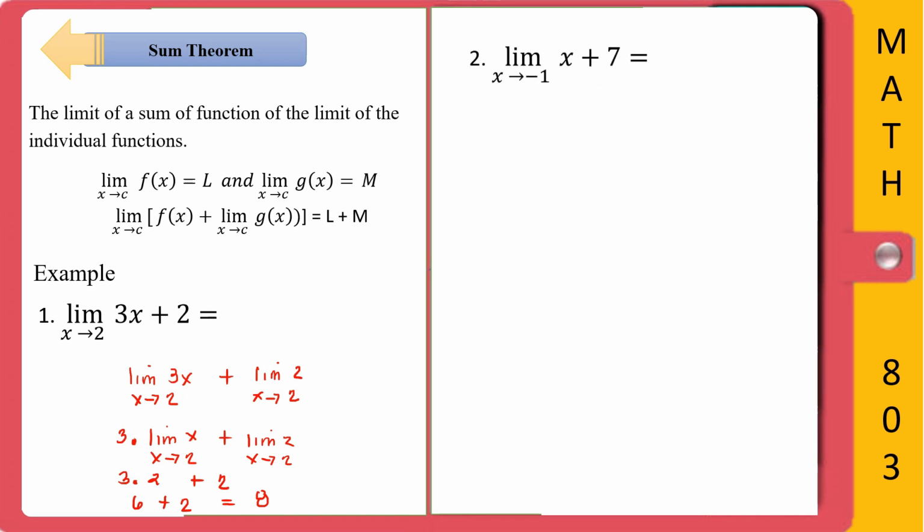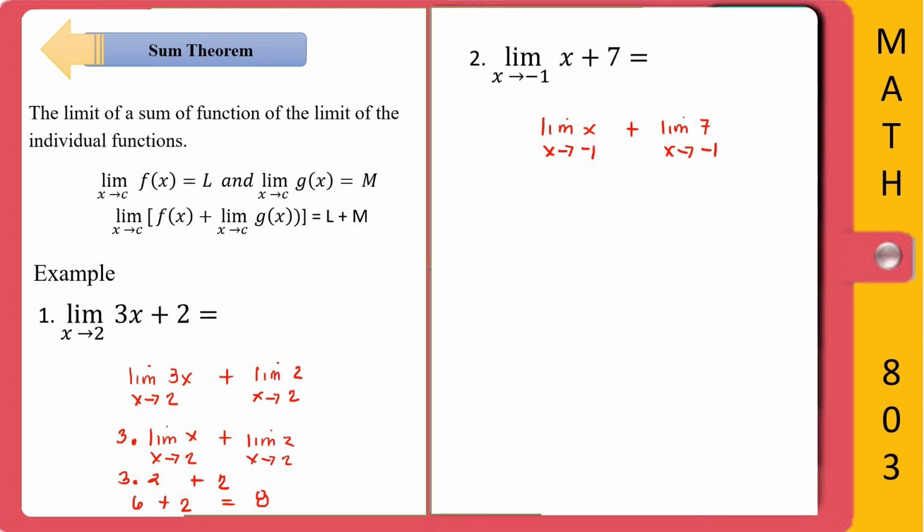Another example, we have the limit of x plus 7 as x approaches negative 1. Again, we need to distribute the limit as x approaches negative 1 to each term. So we have the limit of x as x approaches negative 1 plus the limit of 7 as x approaches negative 1.